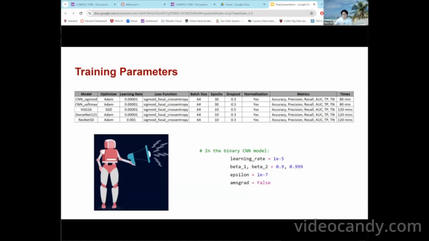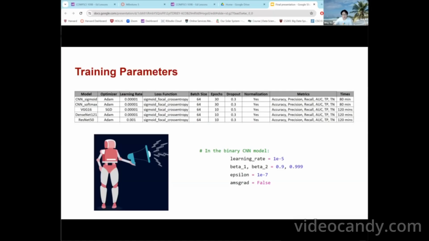Since the data set is significantly imbalanced, we use sigmoid focal cross entropy as the loss function. The batch size was set to 64 for all models, and the epochs we set to 30 for the CNNs and reduced to 10 for the pre-trained models.